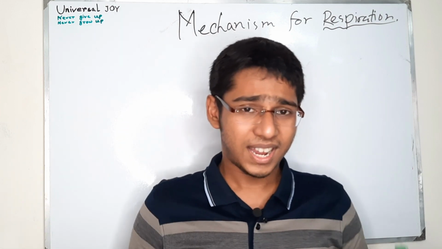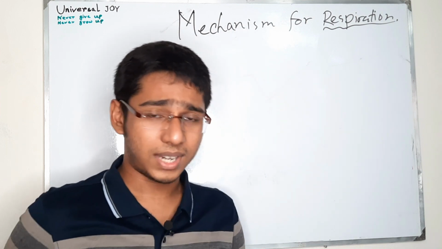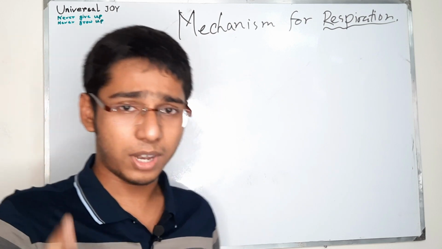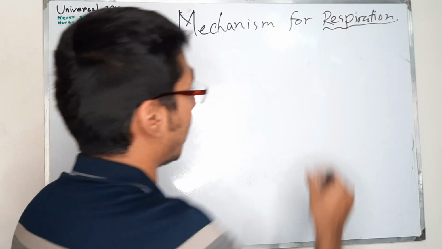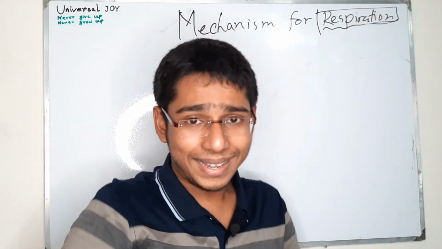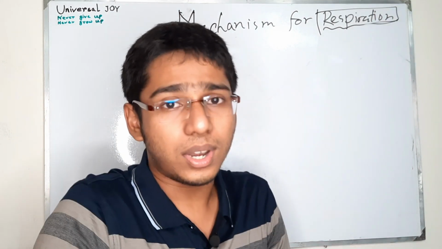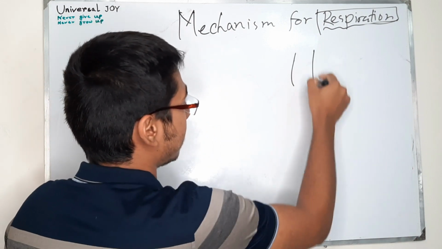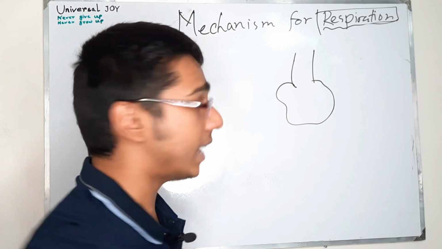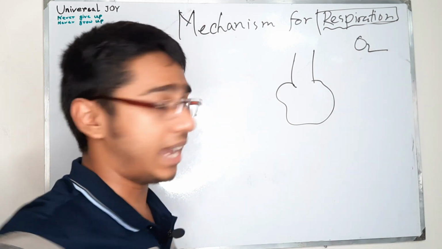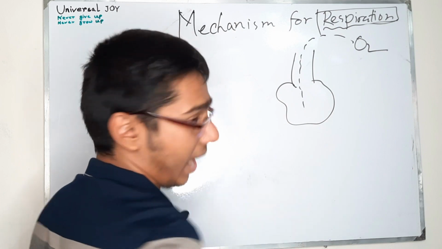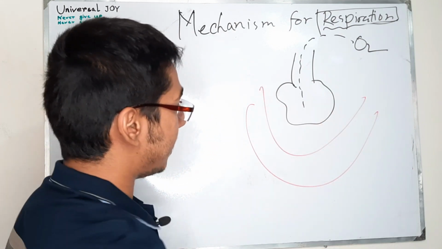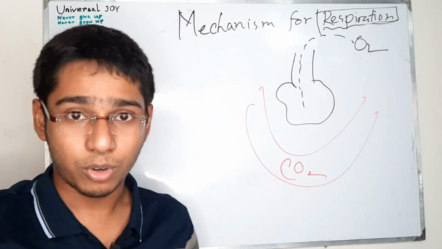So this is a very difficult type of definition, but I have to dumb it down in easy words. So bear with me, I'm going to be dumbing it down in easy words. So respiration means when you are breathing in air and when you are breathing out air, both these things put together is called respiration. That means if this is our lung alveoli, oxygen from the outer atmospheric air is coming through the respiratory tract, and let's just suppose this is our blood vessel, and here this blood vessel is enriched in carbon dioxide.